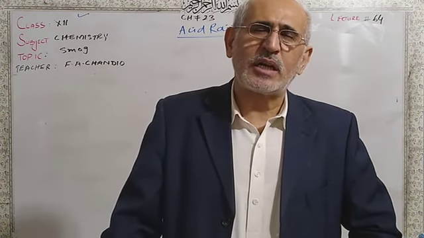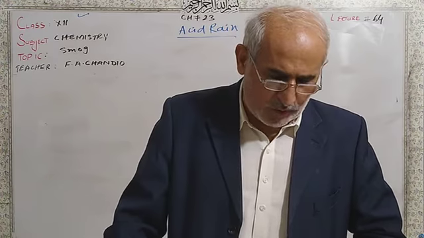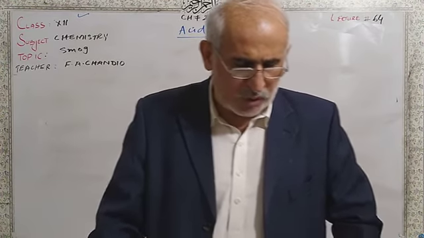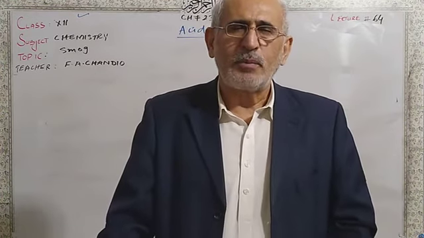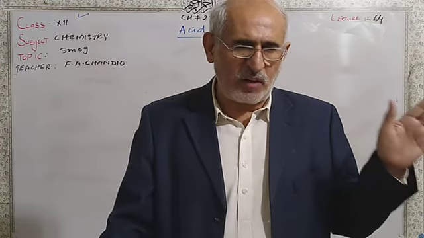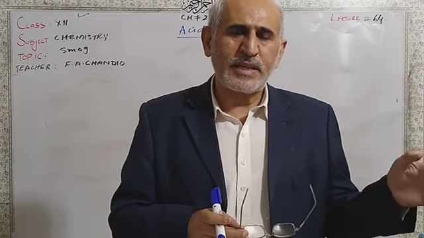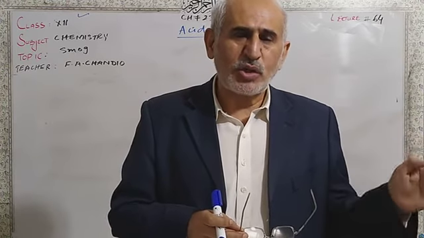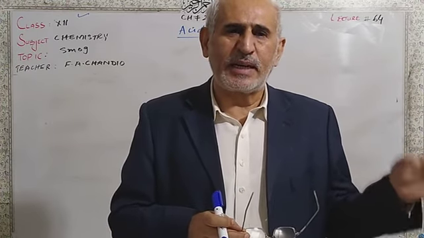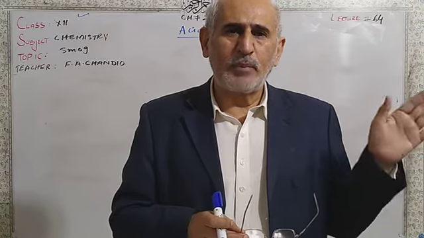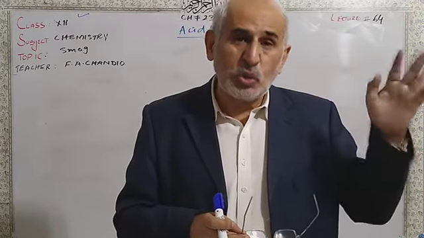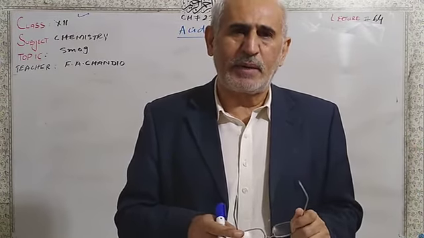So dear students, how is acid rain formed? Already I told you: the presence of sulfur dioxide gas in air, nitrogen dioxide present in air, carbon dioxide gas in huge quantity present in air.